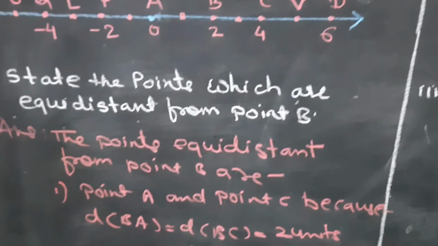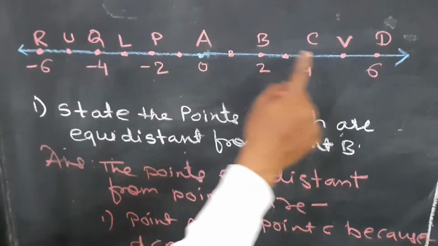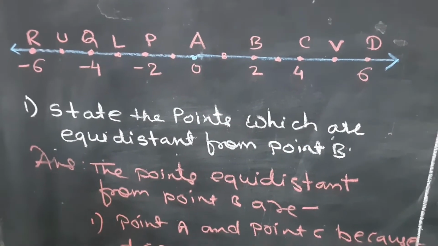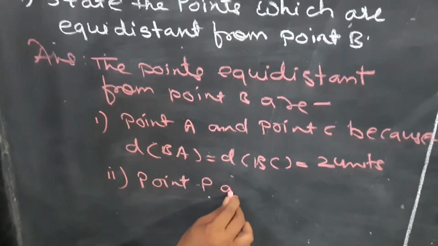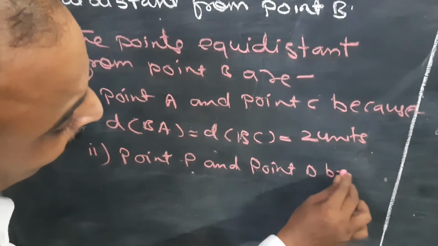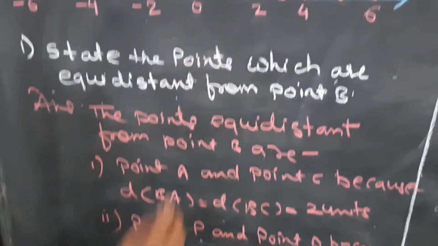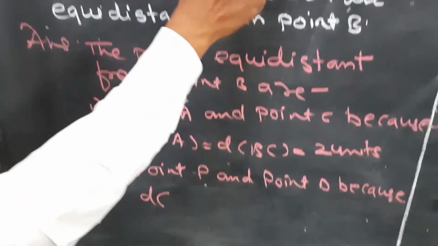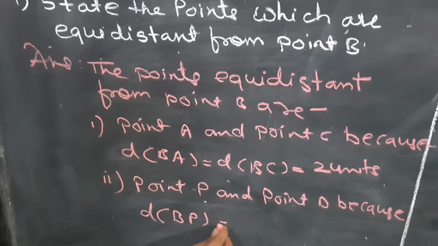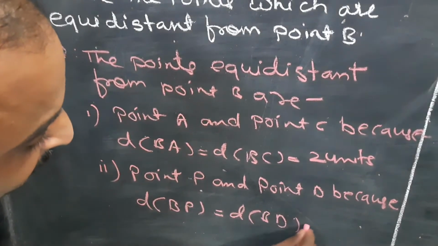Now, one more pair you can take here: point P and point D. Once again, you have to write the reason, because the distance BP is equal to the distance BD.